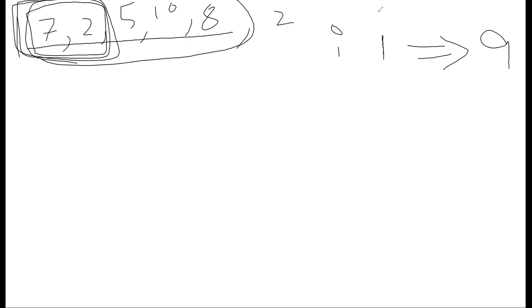Now let's assume I have to use three elements, which are 7, 2, and now 5. And I have to split this into two different subsets. So what I can do is break it here or break it here. Is that correct? Yeah. Right.